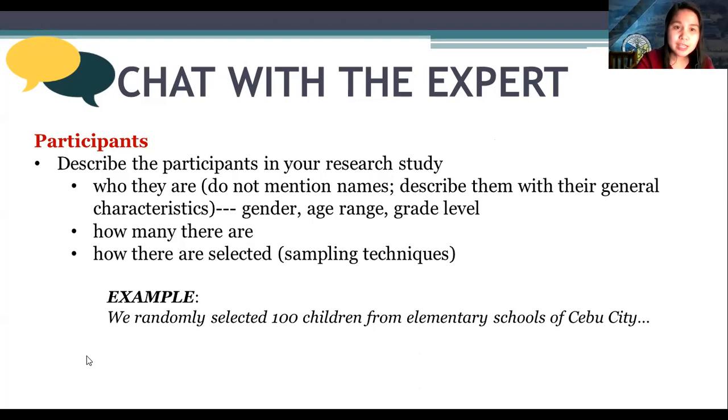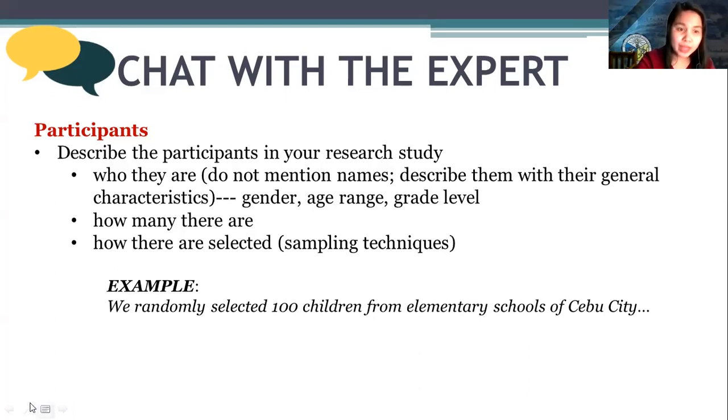First, you need to describe who they are. No mentioning of names. You need to use general characteristics. Before we have a section for locale, research locale. It means, or research setting, where will I conduct the study?